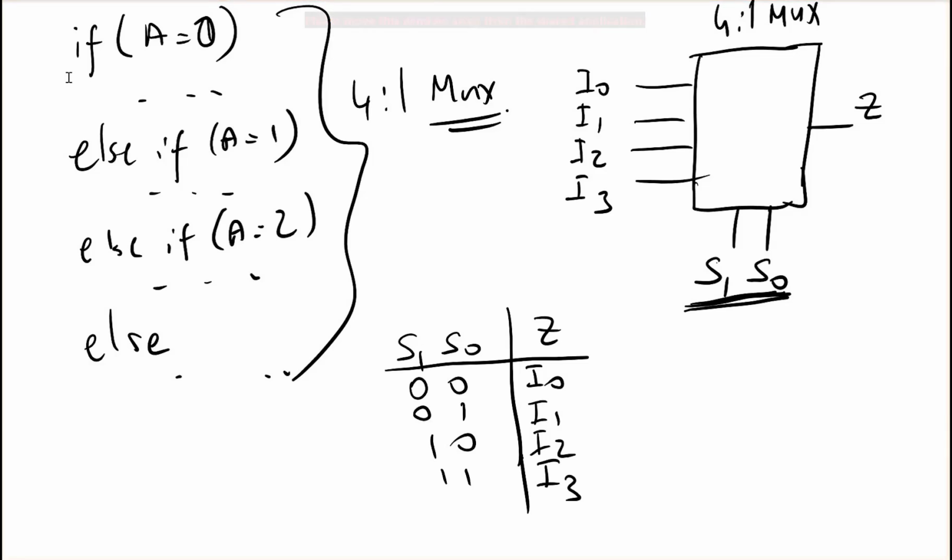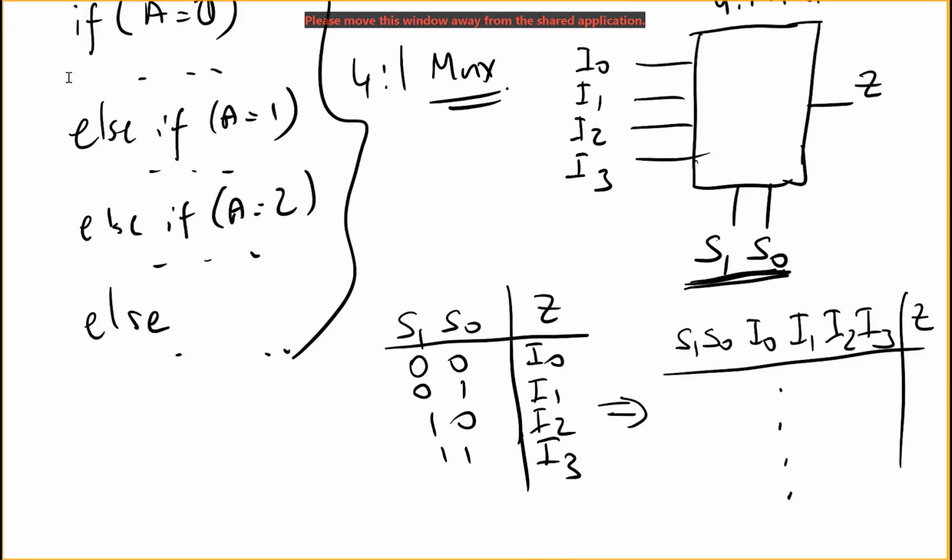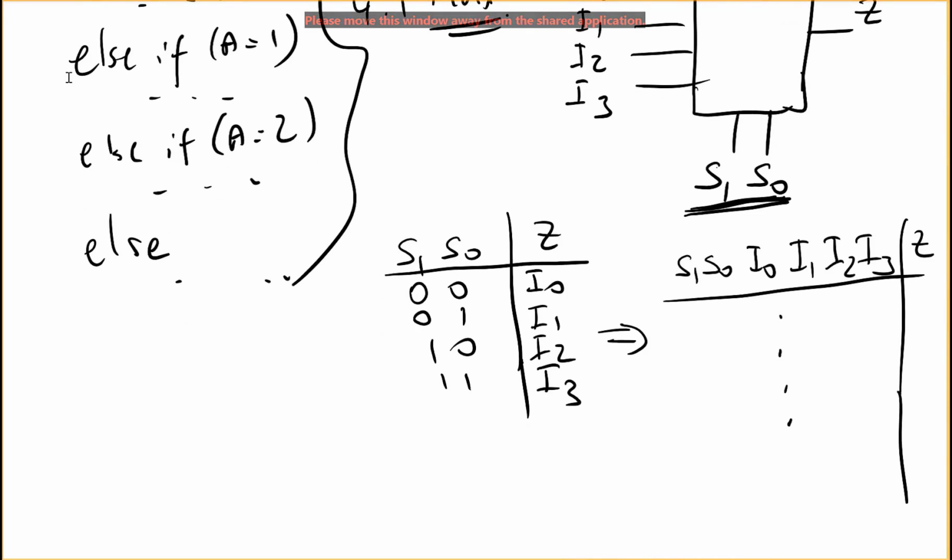One way of finding the circuit for this is to write the truth table, right? But this will be very long, because we need to write 64 lines since we have 6 inputs to find Z. Then we need to use the Karnaugh map to simplify it. But instead, I can directly write my Z function. How do I write this?